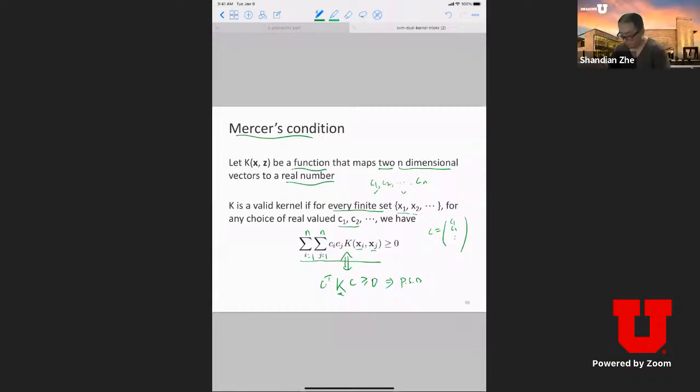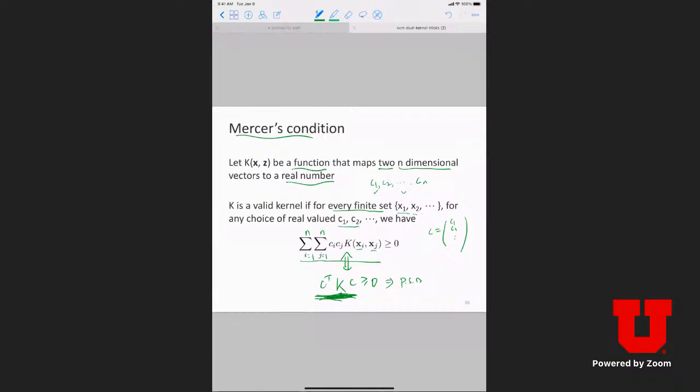This is the same formulation. The result is the same as writing this double summation as this quadratic form, c transpose K c. The equation says c transpose K c, so those are the two c's.